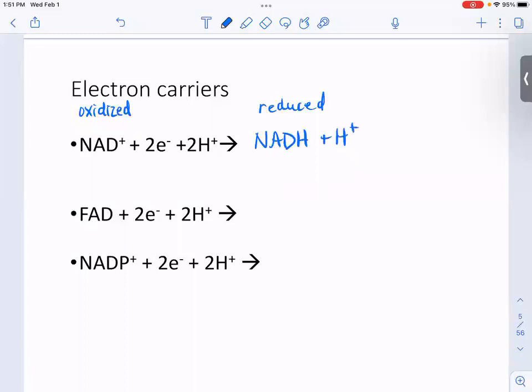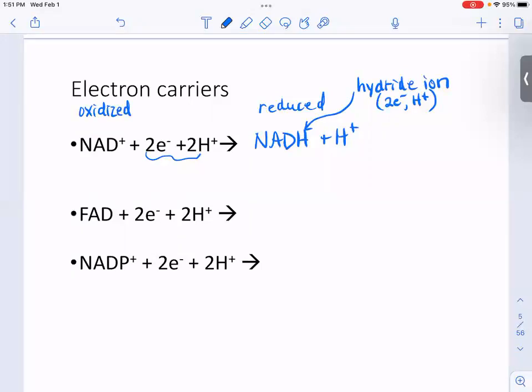What we don't show here is that it's actually holding a hydride ion, which is 2 electrons and a proton, so that's why there's the H plus left over. Again, 2 electrons and 1 proton are carried by that NADH and escorted around the cell.